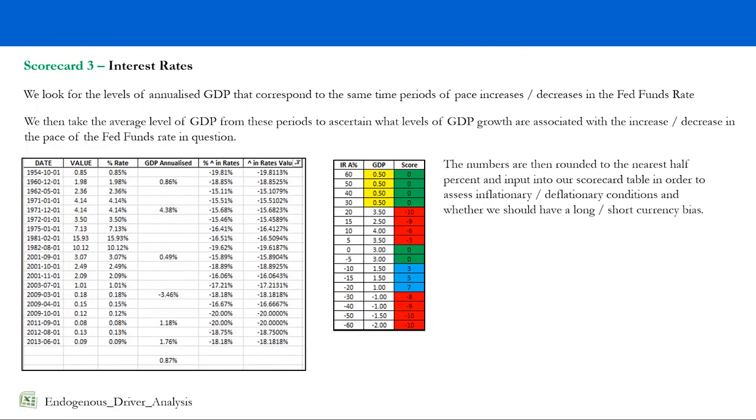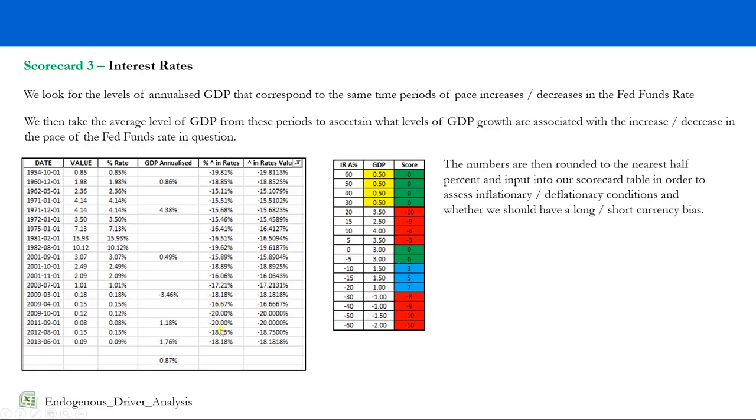We're looking for the levels of annualized GDP, in this column here, that correspond to the same time periods of the pace increases or decreases in the Fed's funds rate here. And we then take the average level of GDP from these periods to ascertain what levels of GDP growth are associated with the increase or decrease in the pace of the Fed funds rate in question.